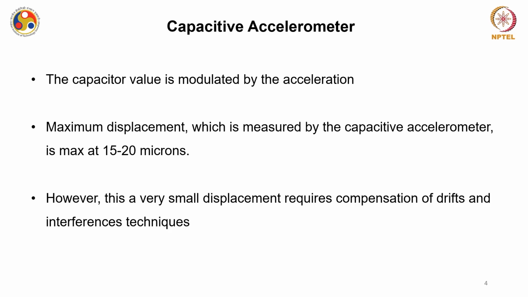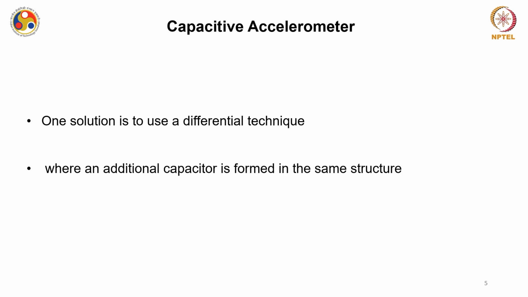However, this is a very small change, 20 micrometer. This kind of small displacement requires a lot of compensation of drifts and interferences, which can easily result in a false positive. So there are certain ways by which this can be nullified.